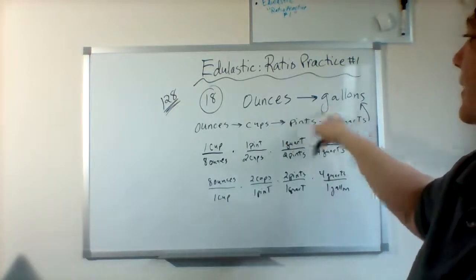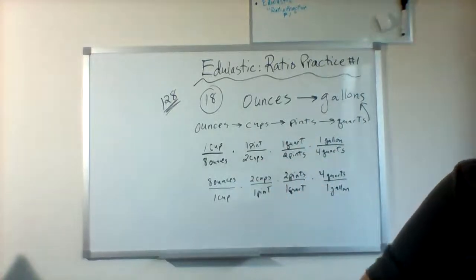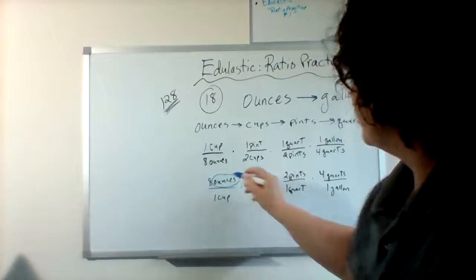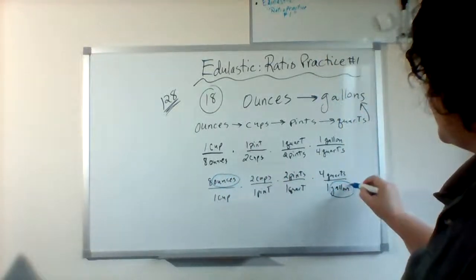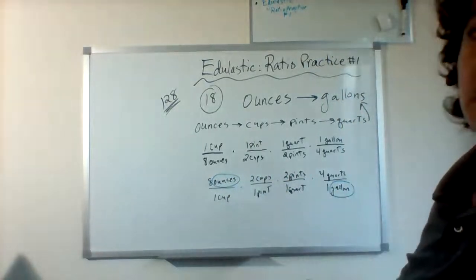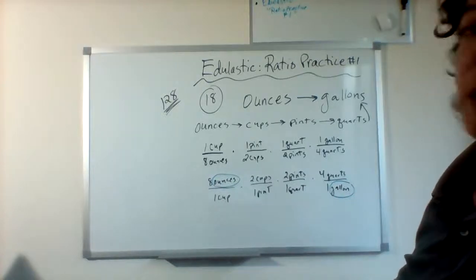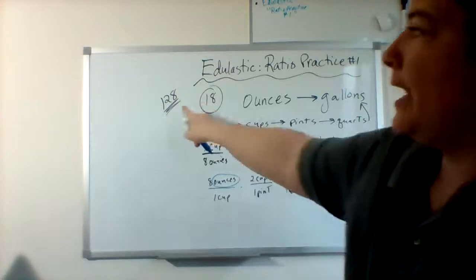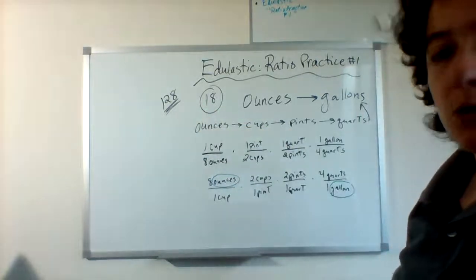How many ounces are in a gallon? How many ounces are in a gallon? Our ratio, ounces to gallon. How do we get there? Multiply 8 times 2 times 2 times 4. And if you get 128, then Janelle is correct.